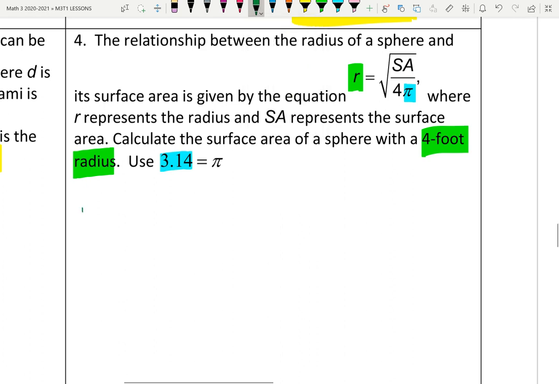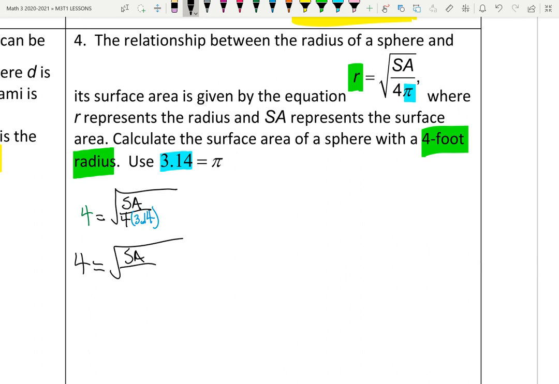So my equation is going to be 4 equals the square root of surface area divided by 4 times 3.14. Well, if I multiply 4 times 3.14, that is going to be 12.56.